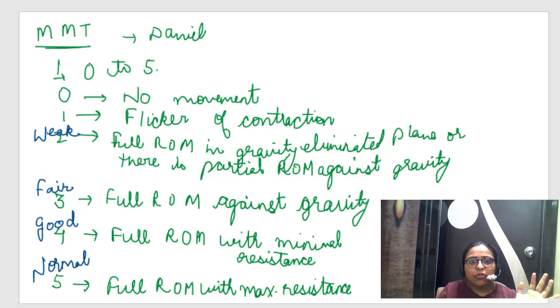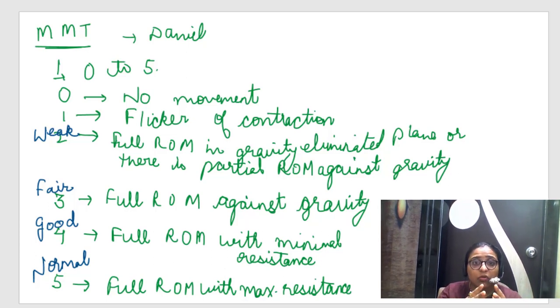For example, if the patient is able to do, then you proceed to the grade 4, and then you provide the resistance on the distal joint, right? You provide the minimal resistance, and this resistance varies according to the patient, means if the patient is very lean or very thin or weak, you have to give the resistance which is according to the patient's minimal resistance.